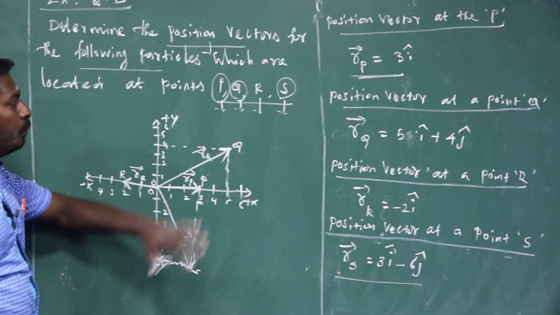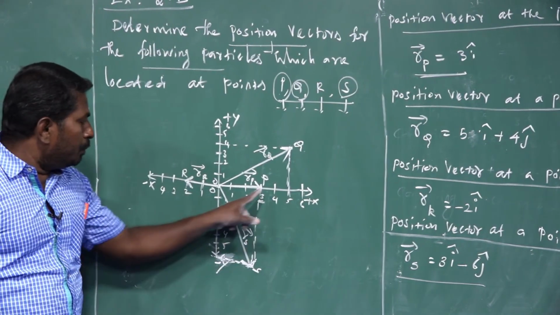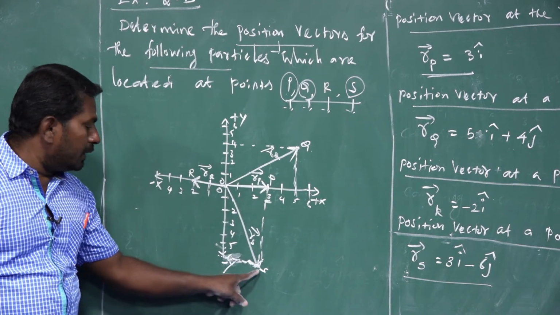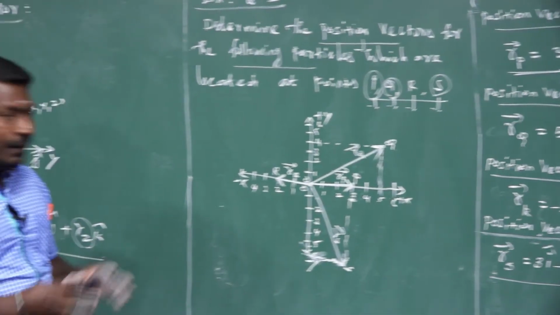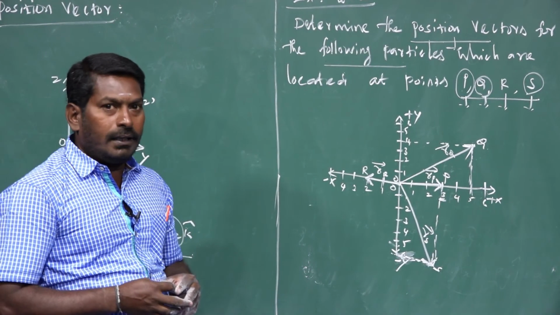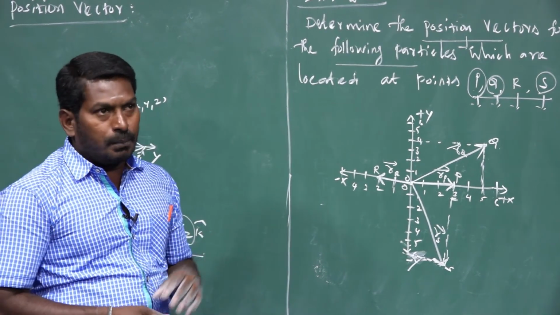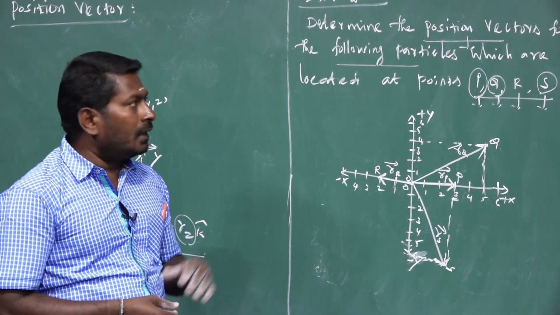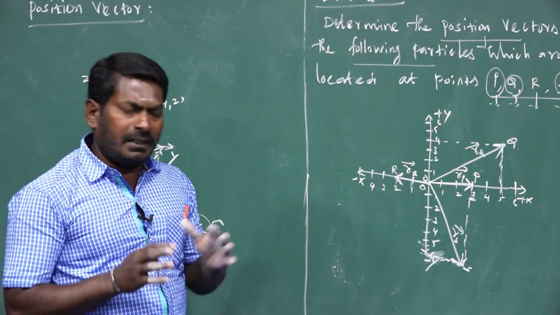These are the 4 position vectors based on the points P, Q, R, S. So see, students, in this video class I discussed only very small topics. One is properties of components of a vector, another one is position vector. Properties of components of a vector are very simple.